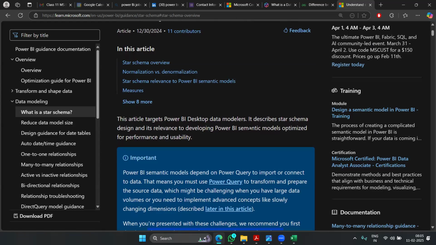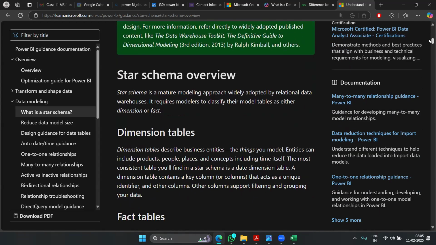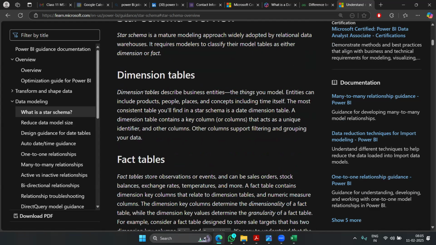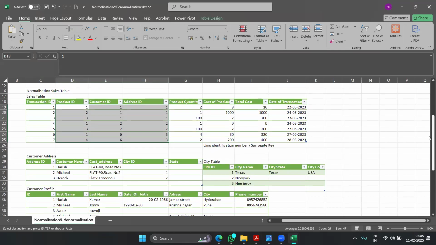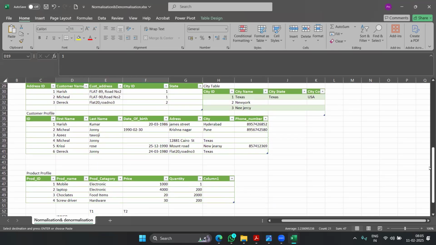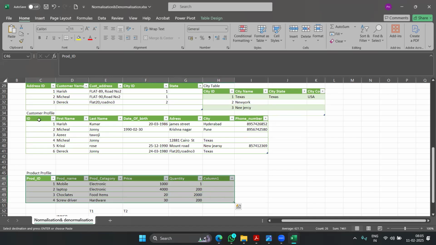I just want to show you one simple thing. Dimension tables describe the business entities, things like products, people, places, right? If you see this particular example, we are defining what is my product table, what is my customer table. We define the entities.